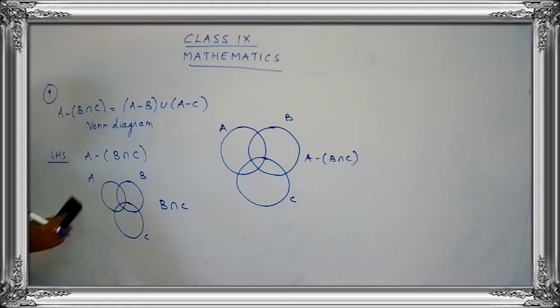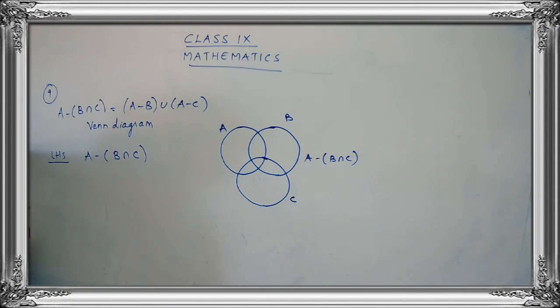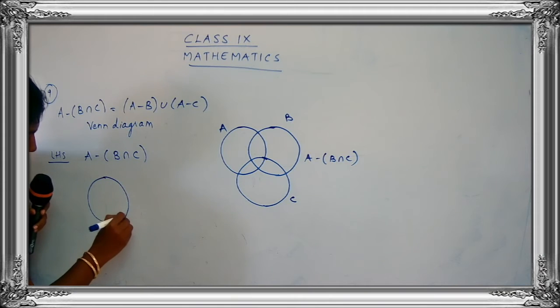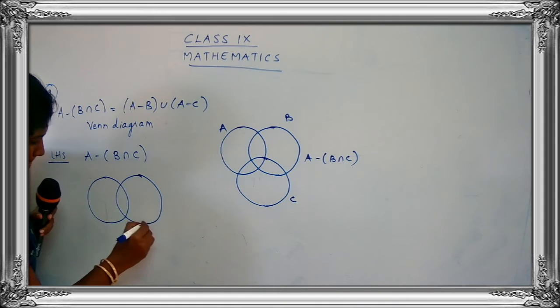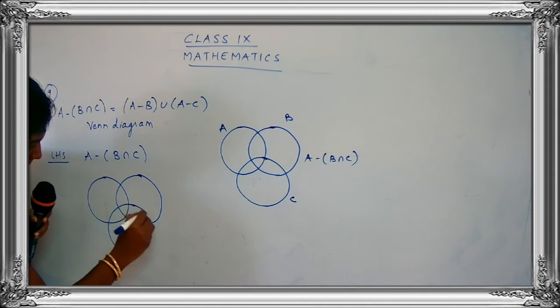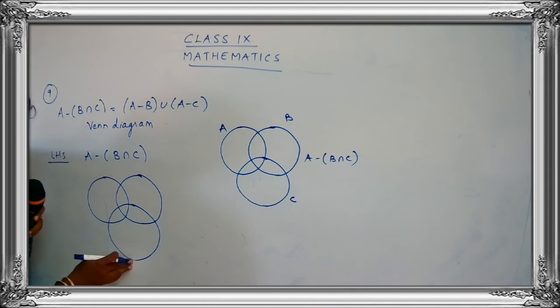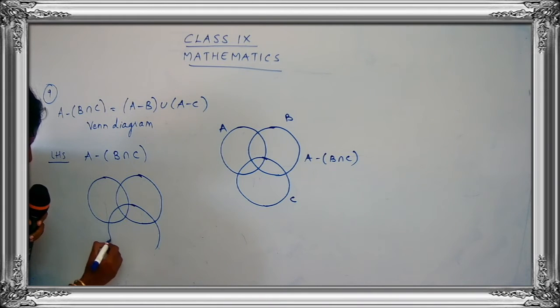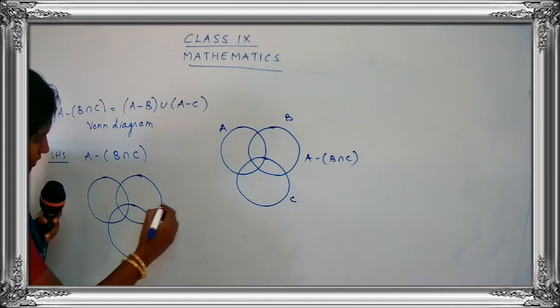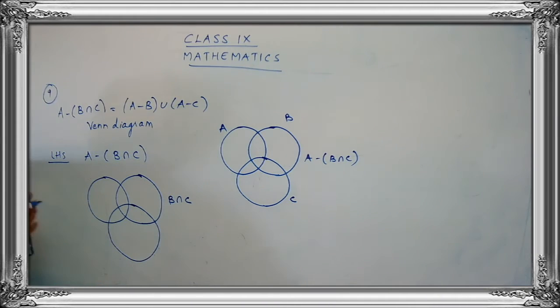Do it neatly. Draw a little bigger. B intersection C and A minus B intersection C. Just get ready with the figures.